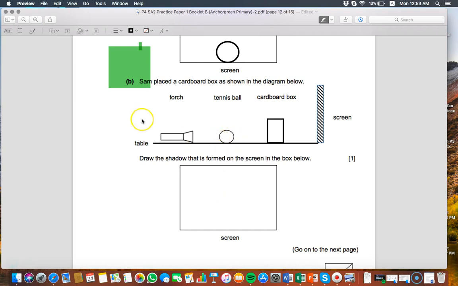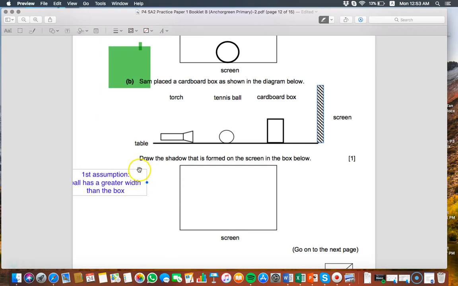So, the first assumption is when the ball has a greater width than the box. Okay, that's my first assumption.